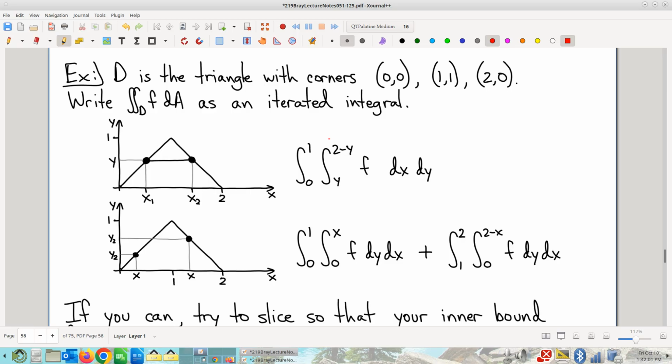So here's my take. My take is that the problem happened because the point determining the upper bound for that inside dy integral jumped from one curve to another curve.